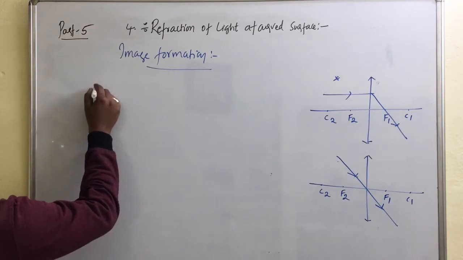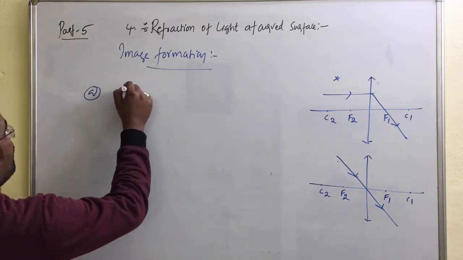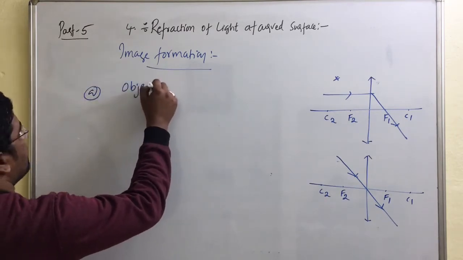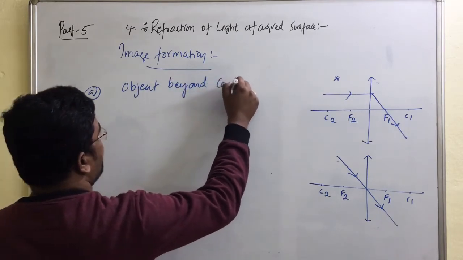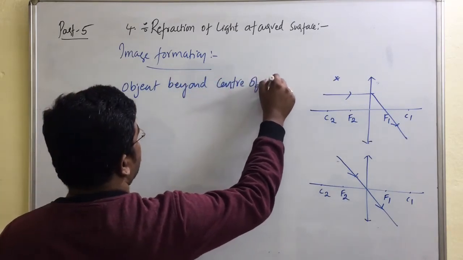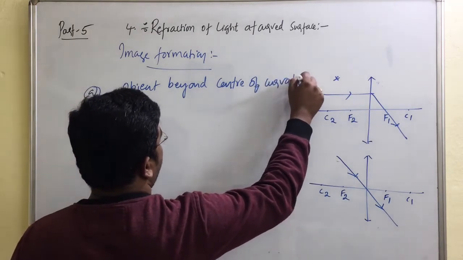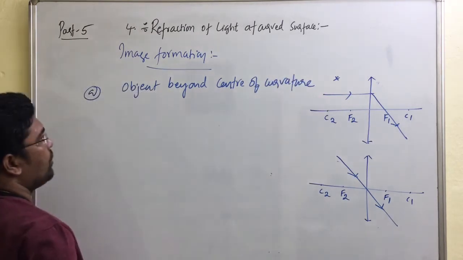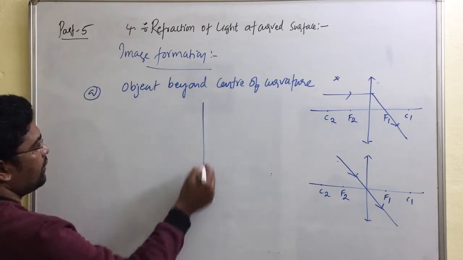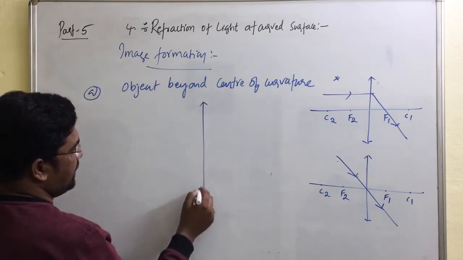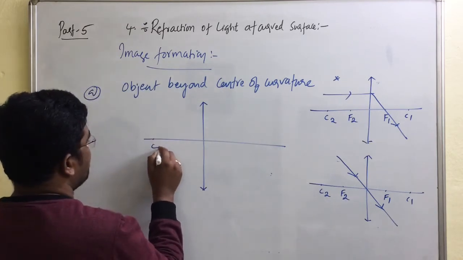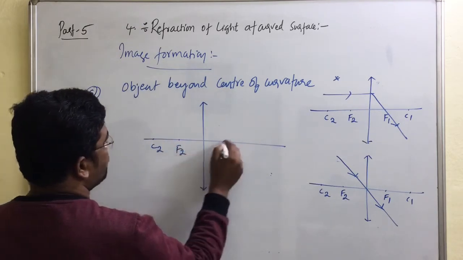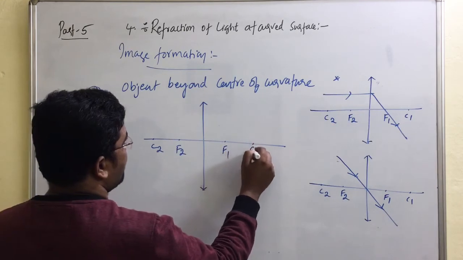Let us draw the first one: object beyond the center of curvature. So this is R. We represent a biconvex lens in this manner, with principal axis, C2, F2, F1 and C1.